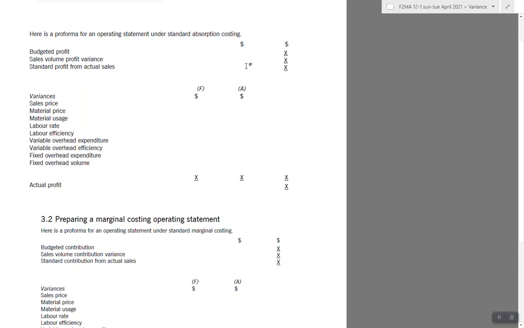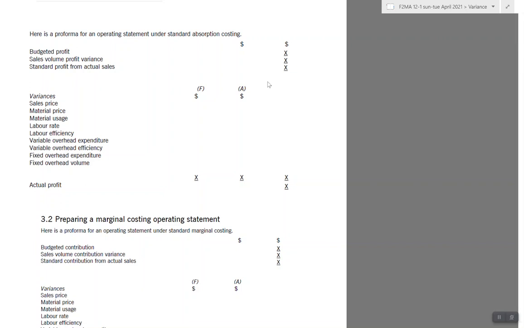If an operating statement or variance report is prepared using absorption costing system, we look at the budgeted profit from which we minus or add the sales variance, then it will give us standard profit for actual sales, which means the sales that we have made other than the cost variances.